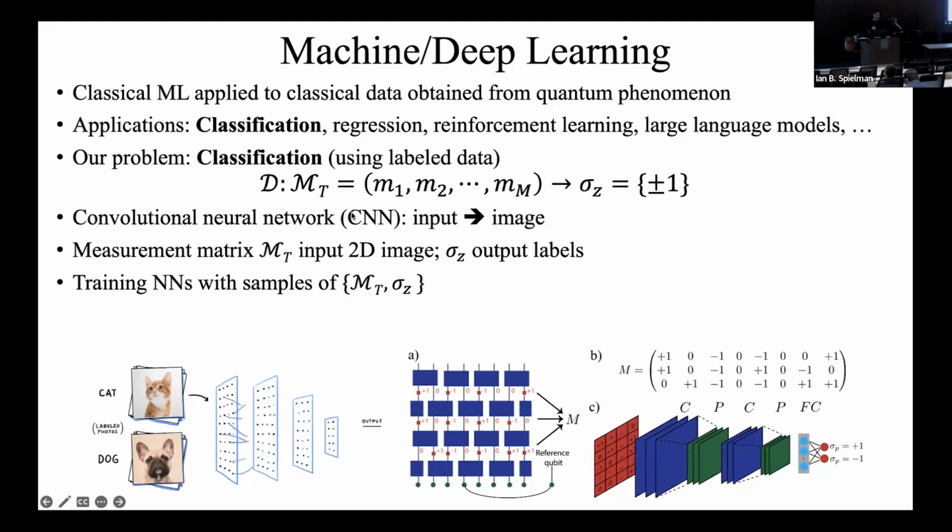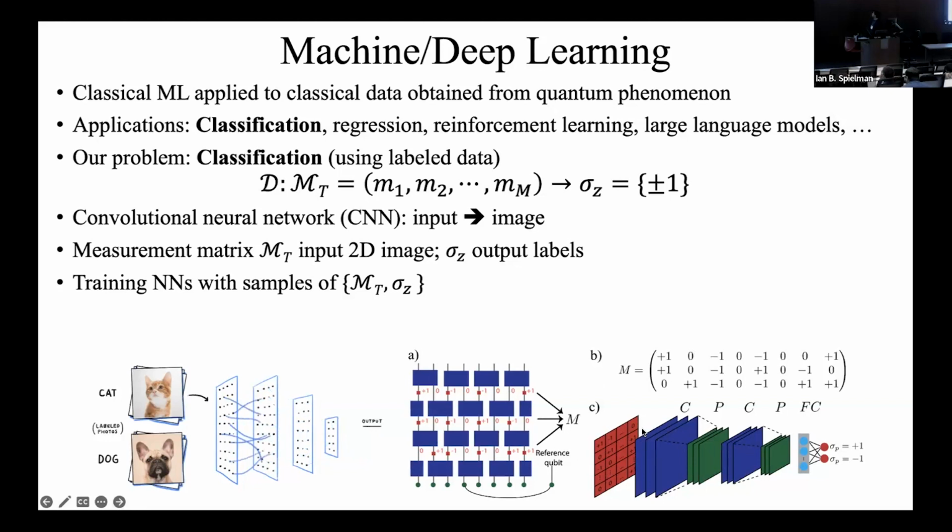More technically, we used an architecture called a convolutional neural network, which has been very successful for image processing purposes. The way we use it is that we think of the measurement outcomes done during the time evolution as 2D snapshots.